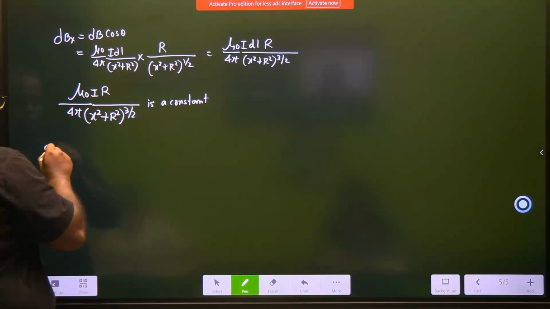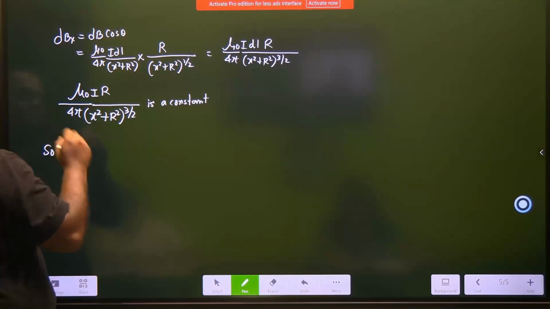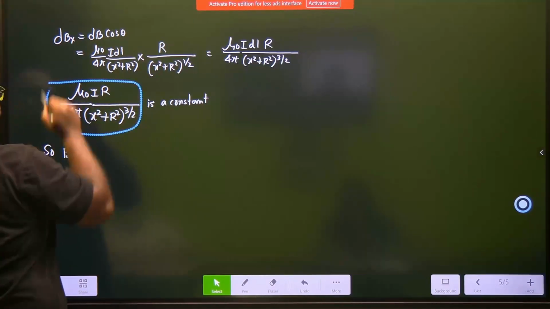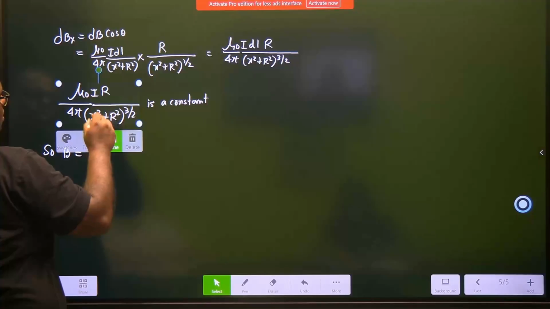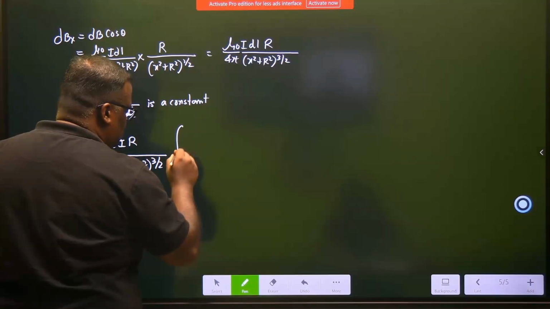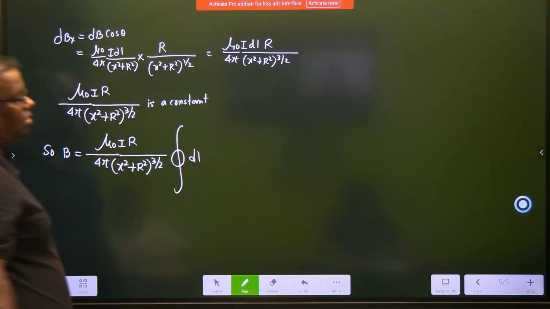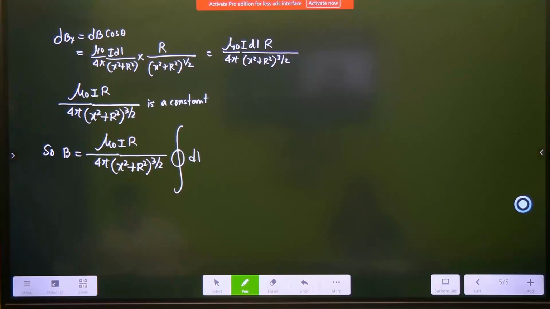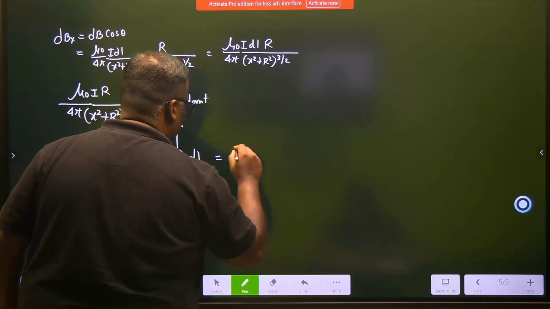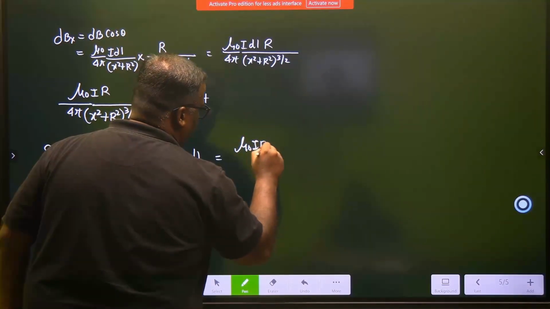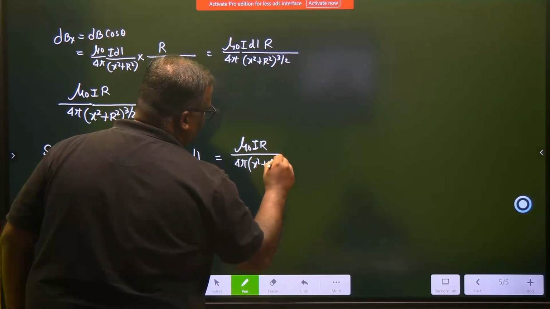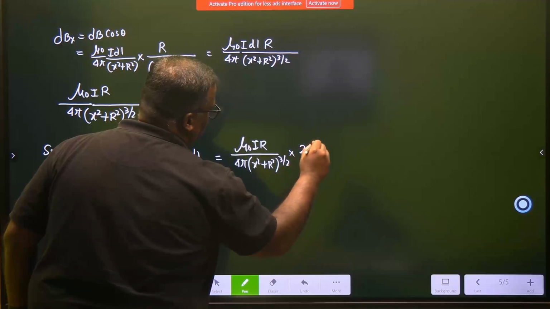So the entire magnetic field B will be equal to this factor times the closed integral of dl. Which means B should be equal to mu naught I r by 4 pi x square plus r square to the power 3 by 2, multiplied by 2 pi r.